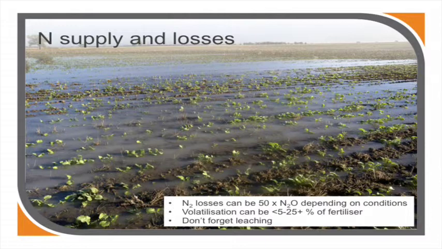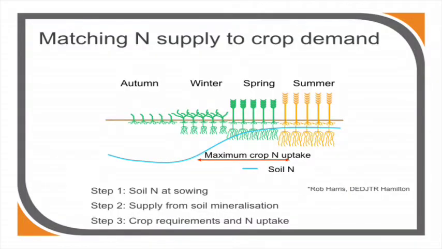So, as I mentioned before, we're looking at matching N supply to crop demand, and I think we started to talk through some of these principles already. Basically, what we're looking at is a process of understanding how much N we've got there at sowing, having some sort of an estimate for the season of how much we might be able to supply from mineralisation of organic matter, and the third one, understanding the ability of that crop to actually take up nitrogen.